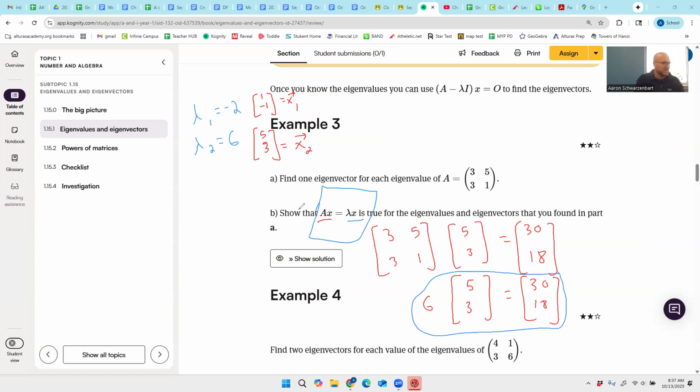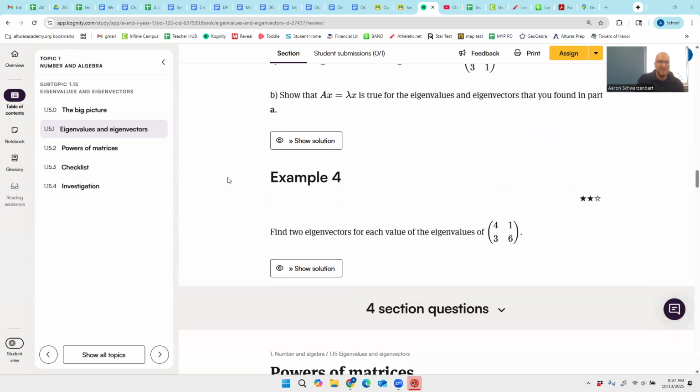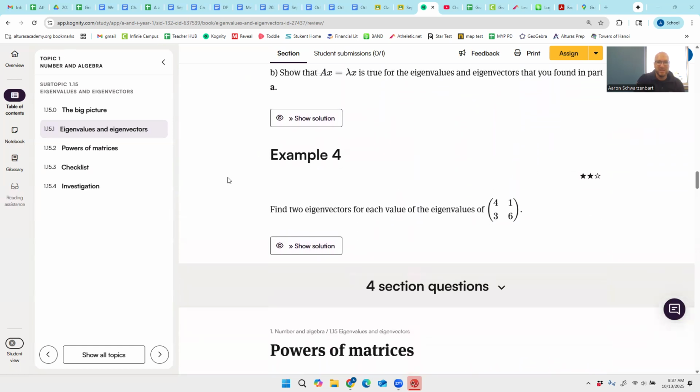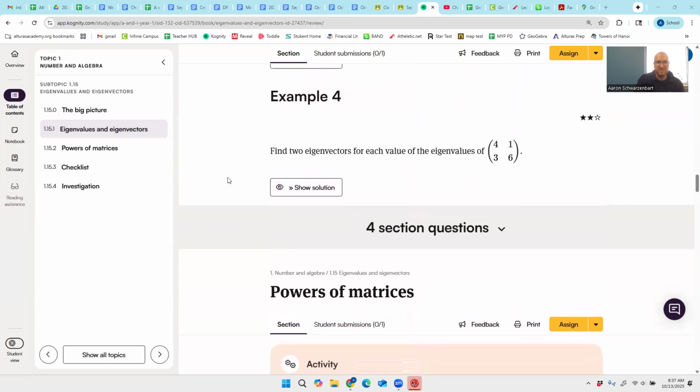So now we'll do the whole process on this next one. Find two eigenvectors and eigenvalues for this.